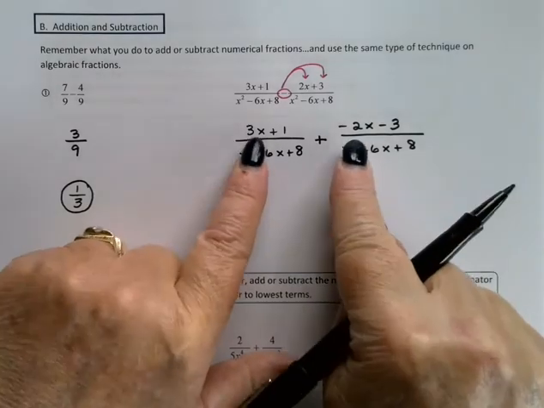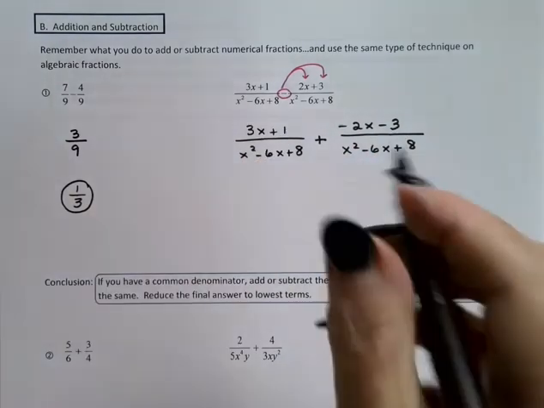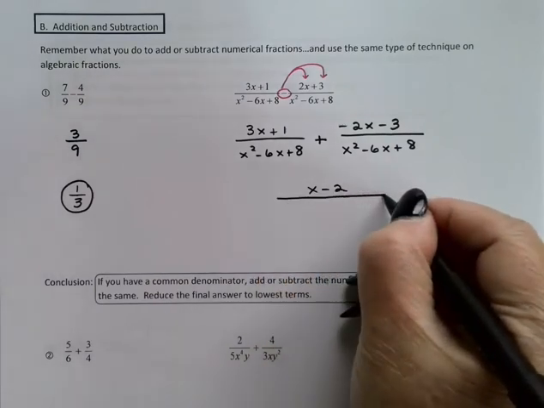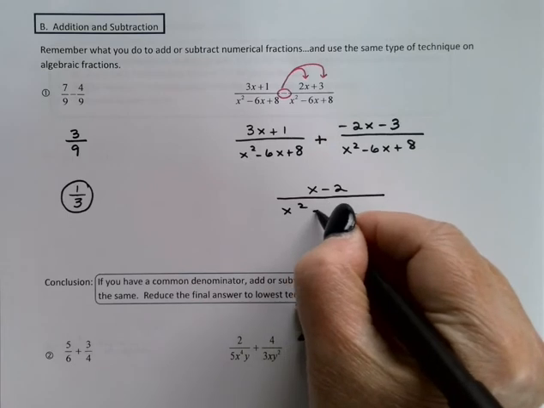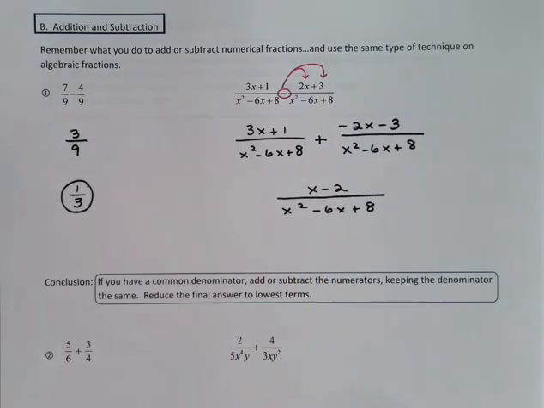All right, I can now combine my like terms. So I'd have 1x minus 2. And I still have my common denominator. I should check to see whether that's in lowest terms. And in order to do that, I would need the factored form of the denominator.